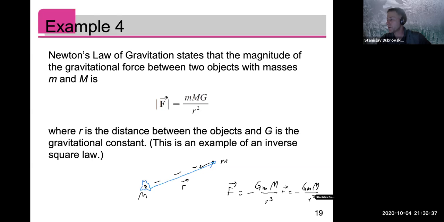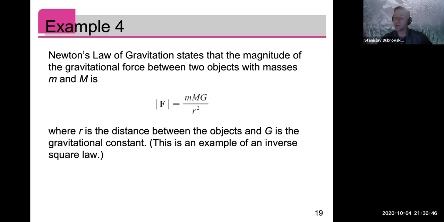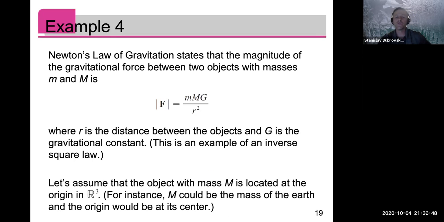So we can keep the original r squared, and here we have r over r magnitude, that is the unit vector in that direction. All right, so gravitational force is one such example.